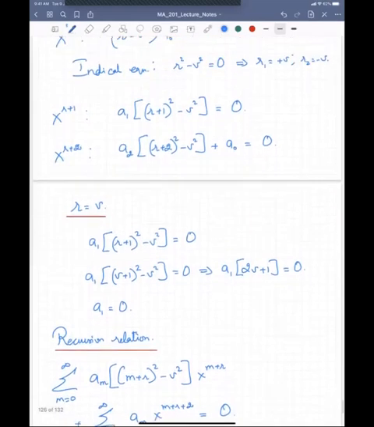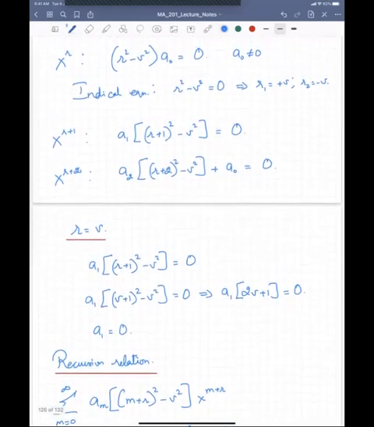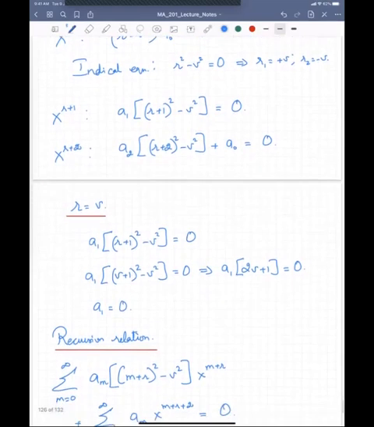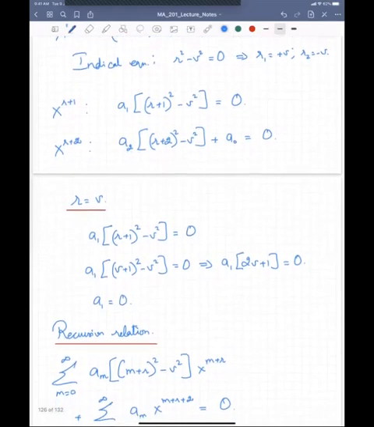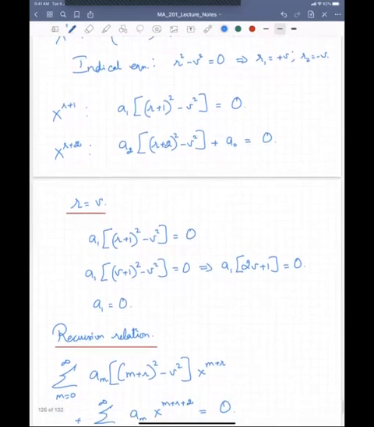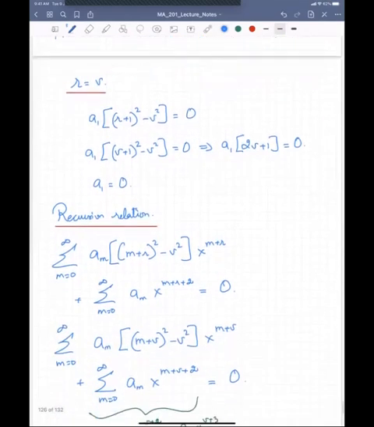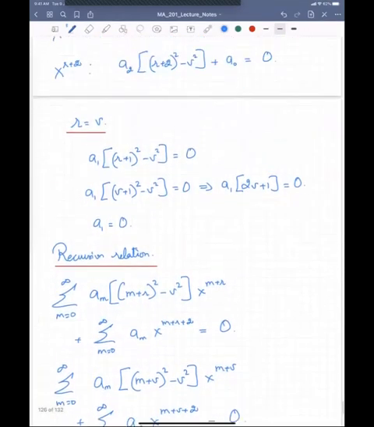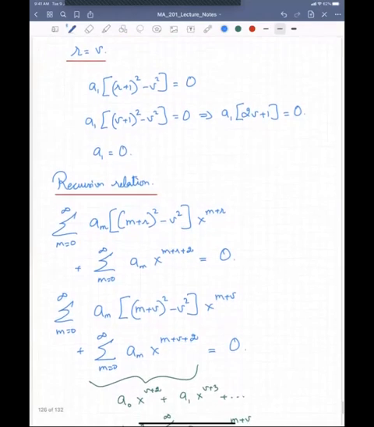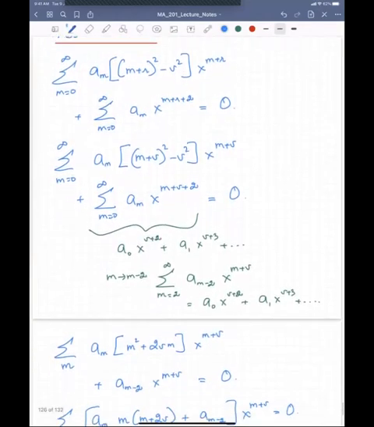But if nu is not equal to 0, and if r1 and r2 do not differ by an integer, we have two independent solutions. And if they differ by an integer, you could possibly have a logarithmic term in the second solution. So these are things that you already know. Then you look at the series for r equals nu, one of the two roots, and you derive the recursion relation, which we did.